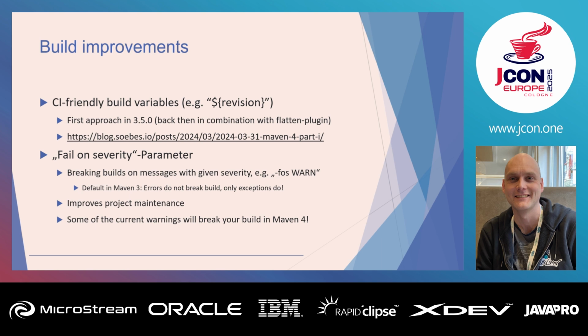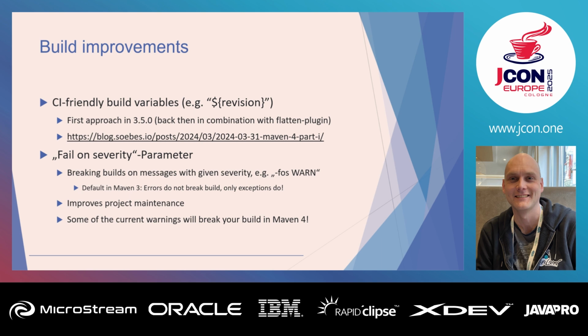And another thing for build improvements, if you care about your builds, you can now use a fail-on-severity parameter to break your build when there are warnings, info, or whatever messages, and not only error messages.